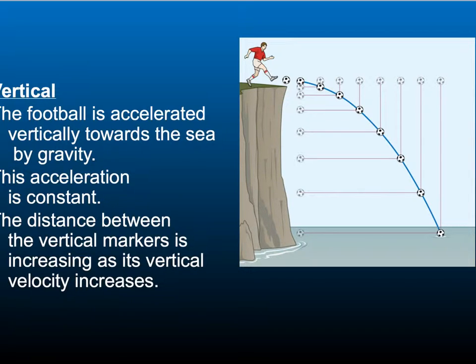So key things to remember are that the horizontal velocity is constant, if you are ignoring air resistance, and the vertical velocity increases as you get further down the cliff.